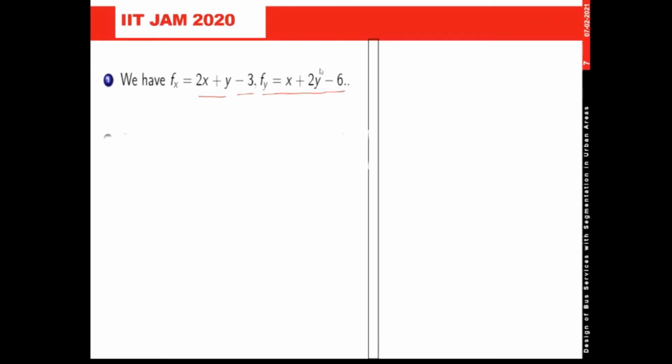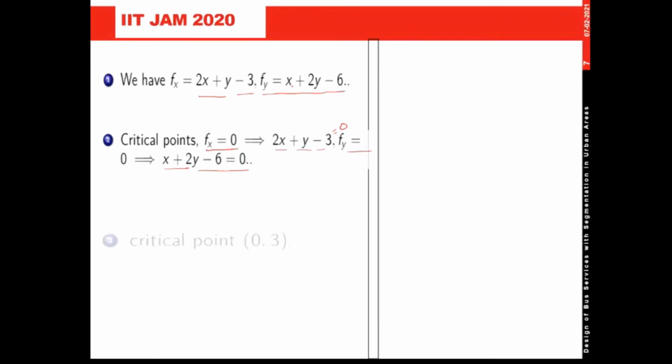In order to find the critical point, I will equate fx equal to 0, which implies 2x plus y minus 3 is equal to 0, and fy equal to 0 implies 2x plus 2y minus 6 is equal to 0. If you solve this, you will get x equal to 0 and y equal to 3. So this is the only critical point.